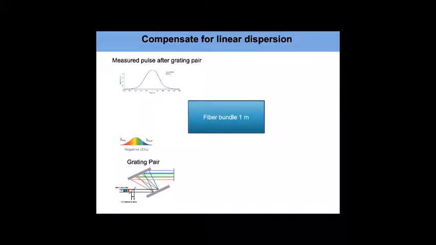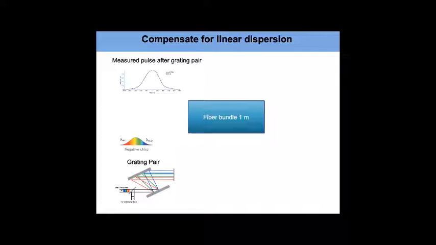Okay, so one way to correct for this type of chromatic dispersion is to use a grating pair. It's a way of geometrically sending in your pulse. Your pulse comes in and reflects off of these two parallel gratings and then combines and comes out. If you look at the geometry of this, what happens is that the redder wavelengths will travel faster than the blue wavelengths, so it gives you inverse, anomalous dispersion.